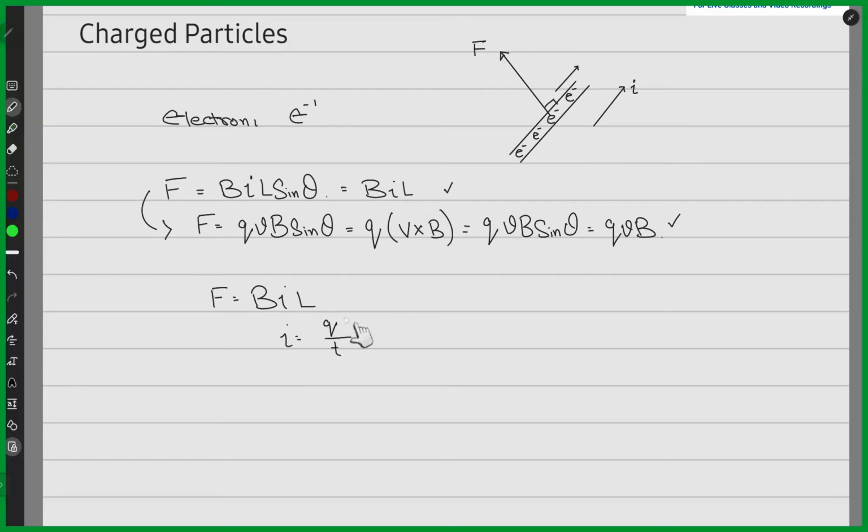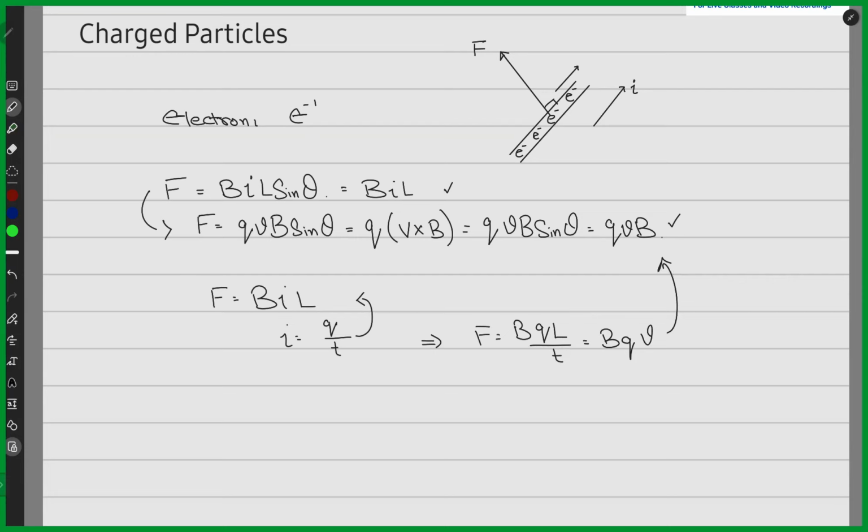So if I put this back in this equation, I get F equals BQL by T. Now BQ is over here. What is L by T? Length per unit time is just the velocity of these charges that are contained inside this length. So that's V. And then you can see that we have essentially come back to this expression over here.